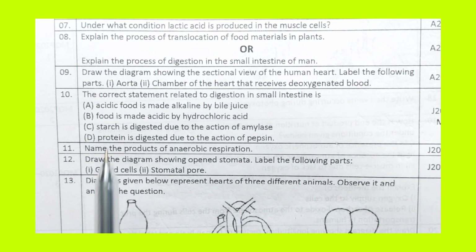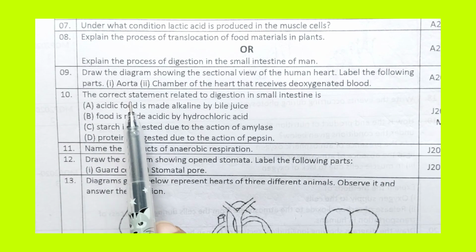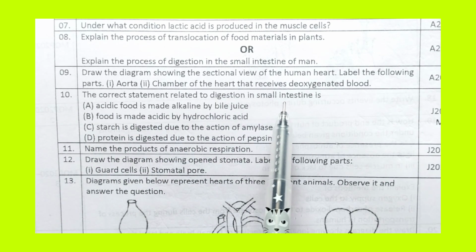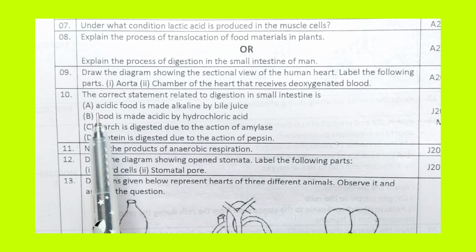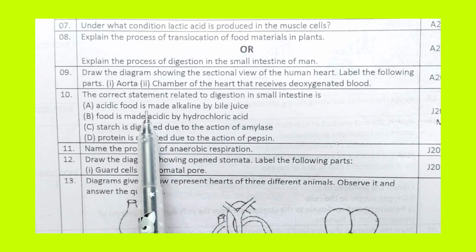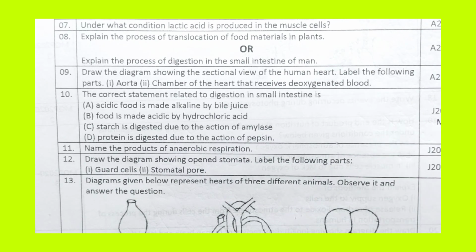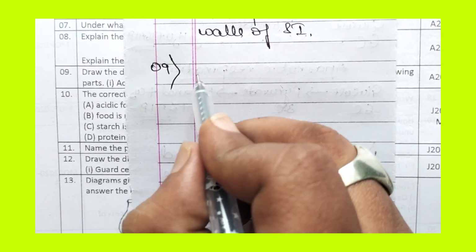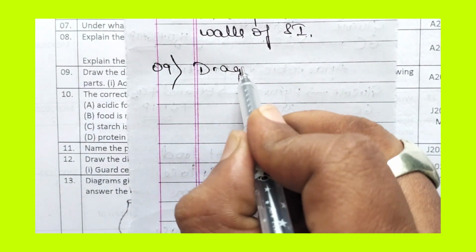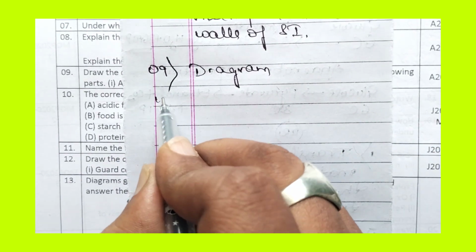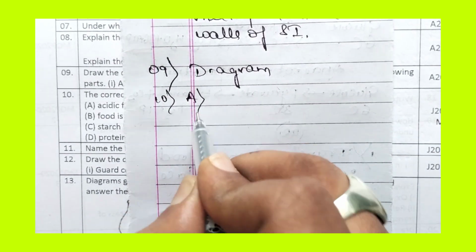So now let us move to the 10th question. The correct statement related to digestion in small intestine is option A, acidic food is made alkaline by bile juice. So the 9th is the diagram, and for the 10th question, option A is the right answer.